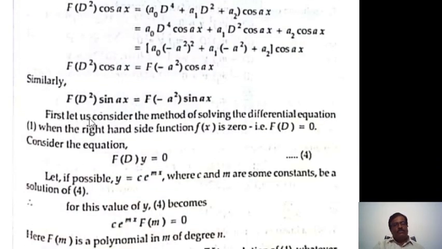So therefore this is nothing but f(-a^2) cos ax. So therefore f(D^2) cos ax is equal to f(-a^2) cos ax. Similarly, we prove f(D^2) sin ax is equal to f(-a^2) sin ax.